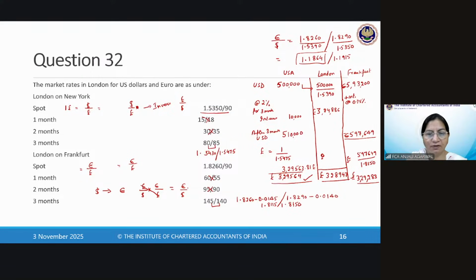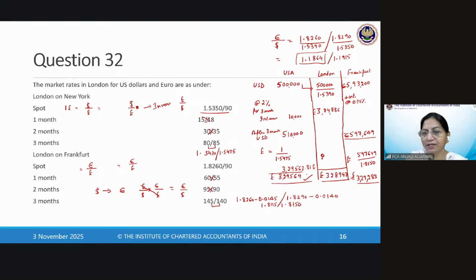So these are your euro to pound. You have euros with you. You want to sell euros, bid would be applicable. But inverse quotes are there. So 1 upon ask. Ask is 1.8150. So 1 divided by 1.8150. You end up getting 3,29,283 pounds.